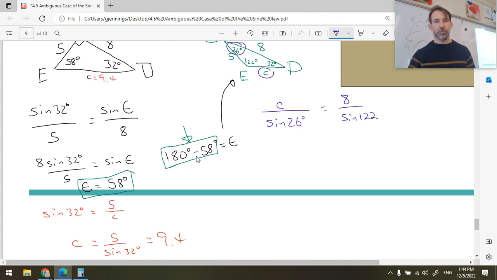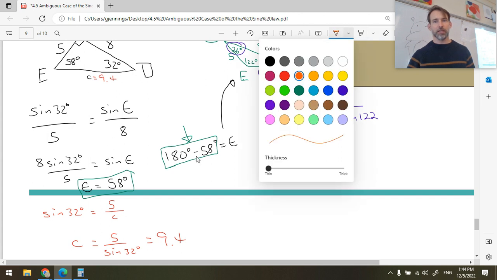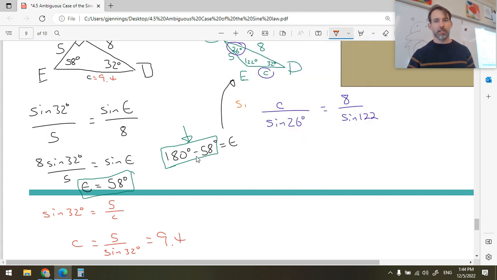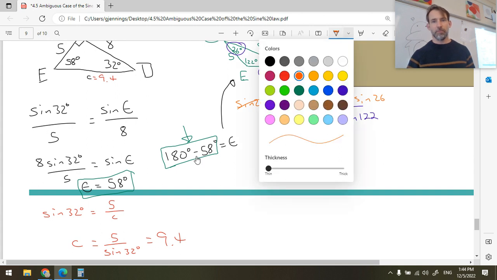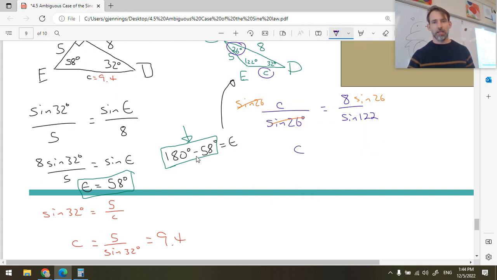Okay, multiply both sides by sine 26 to cancel, and you will have C equals 8 sine 26 over sine 122, and we solve for C.